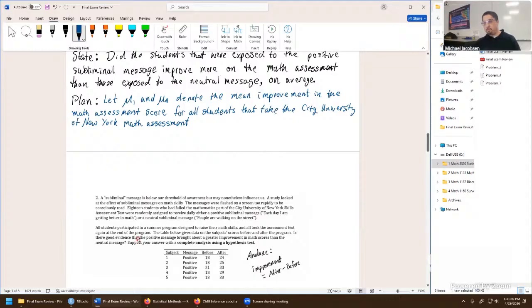And they took a summer program. They're exposed to subliminal messages. So let's paraphrase that by saying, and were exposed to positive or negative subliminal message, respectively.